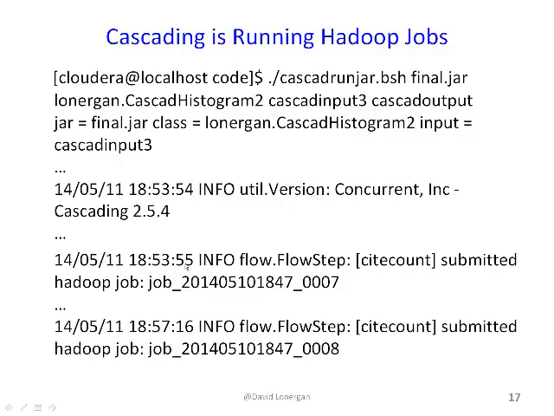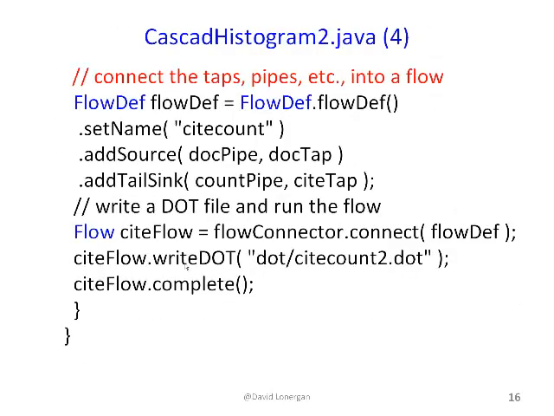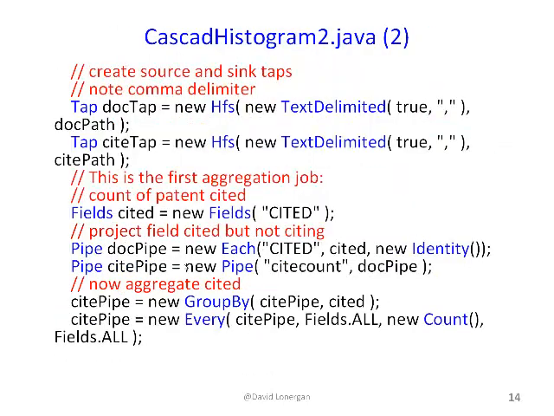I did want to comment one more thing about the input. Notice that the input here, which is the source, uses class TextDelimited, and this class is using a comma delimiter. So this corresponds to the input of the patent citation data.